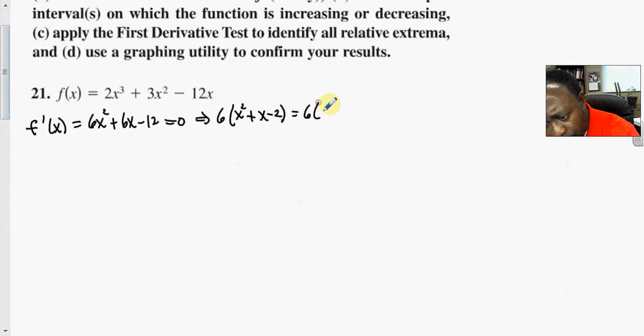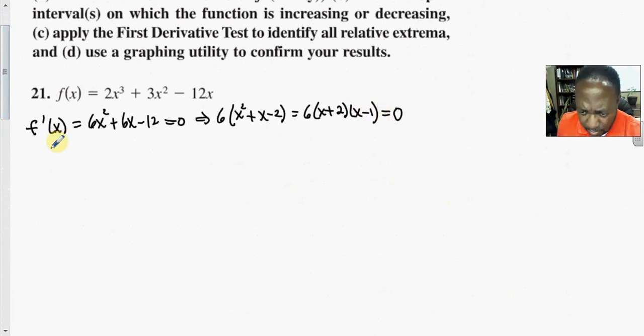I think we can factor again: x plus 2 times x minus 1 is equal to 0.